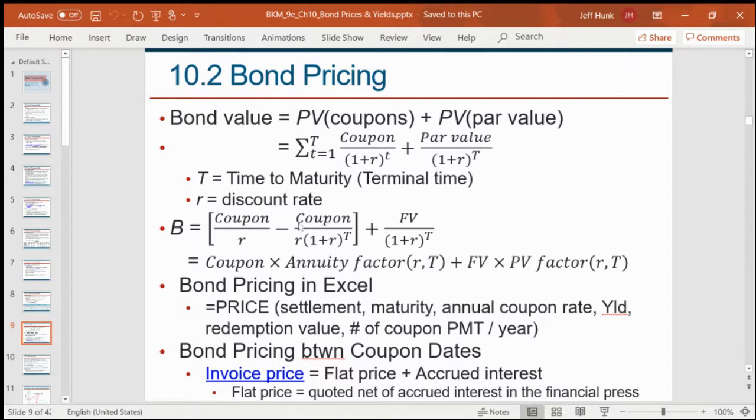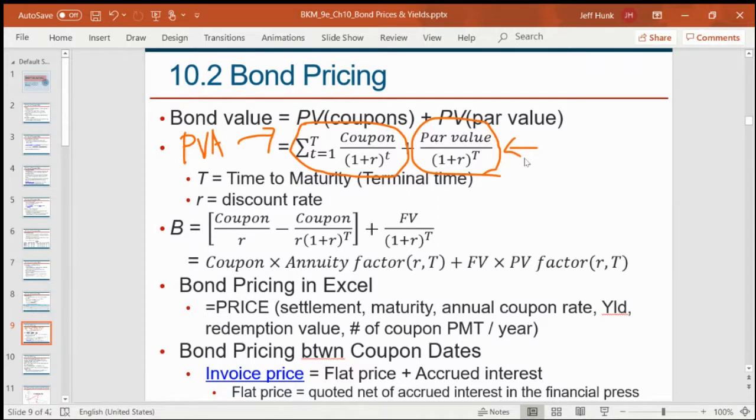One is the present value of annuity, and this is the present value of the maturity value. This is the present value of annuity because bond value consists of the present value of coupons, and coupons are annuities.